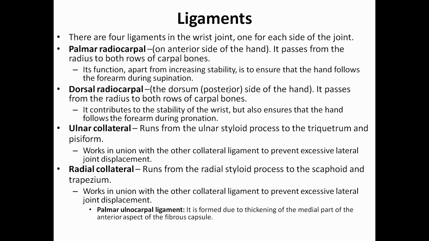It works in union with the other collateral ligament to prevent excessive lateral joint displacement. Palmar ulnocarpal ligament is formed due to the thickening of the medial part of the anterior aspect of the fibrous capsule.